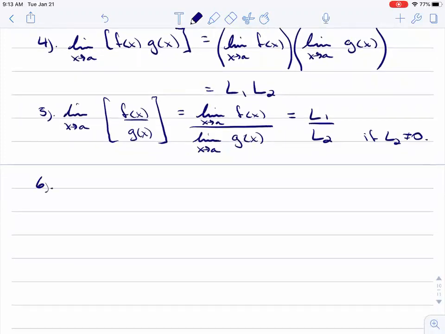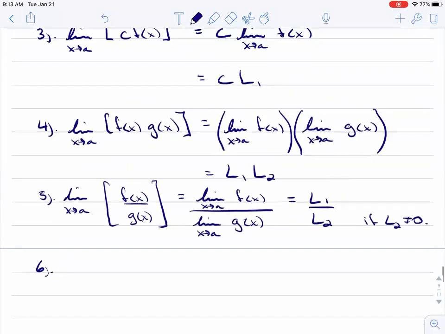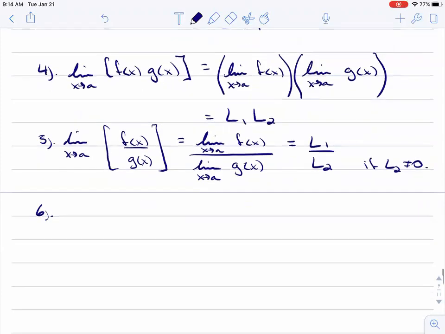Our sixth law stems from the fourth law. If I've got f of x to the power of n, well, that's f of x times f of x times f of x, n times, right? I can just bring the limit inside on all of those.